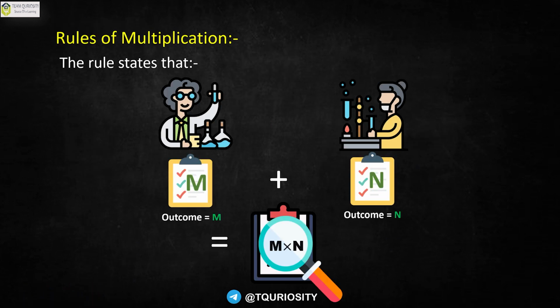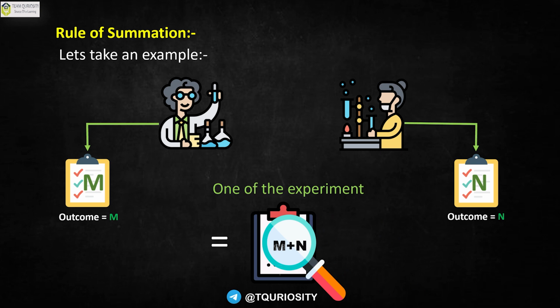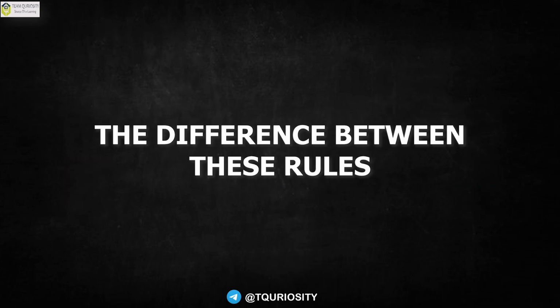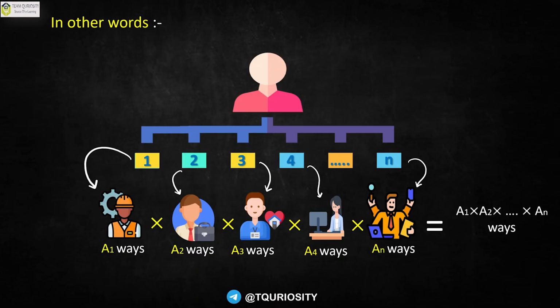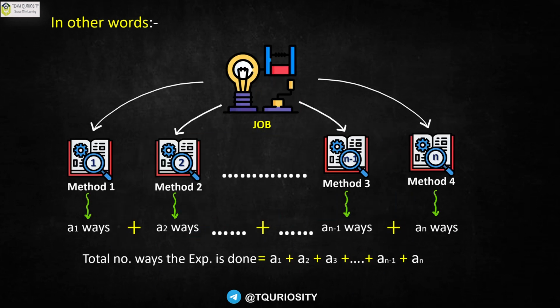Here we have to notice that in the rule of multiplication we use "and", but in the rule of addition we use "or". The difference between these two rules is that in the first rule the job will be completed only when each part is completed, but in the second rule the job can be done by n methods and we can use any method to get the desired output.